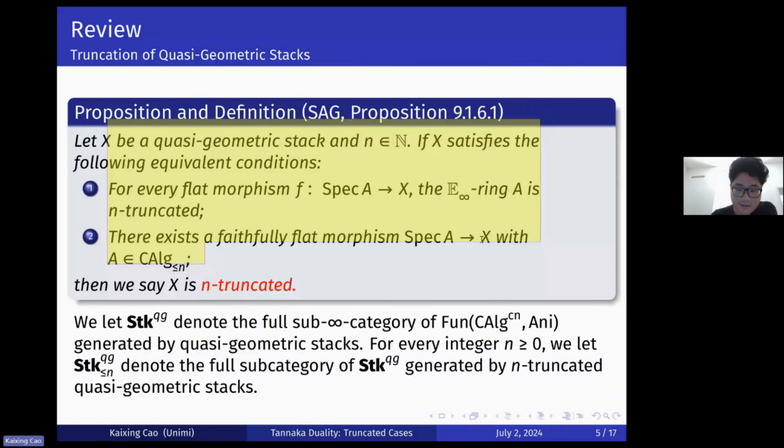It means that the quasi-coherent category of X has the nature of an n-truncated property.